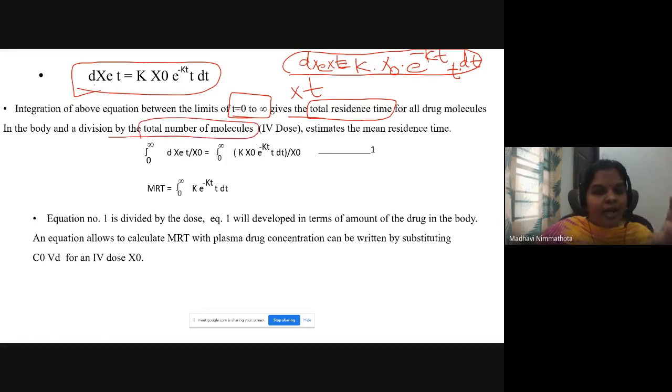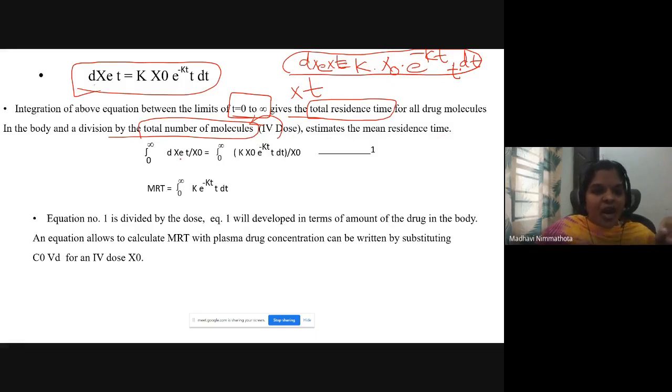It will give the total residence time of all the drug molecules. When you divide this equation by the total number of molecules, that means when you take the molecules through the one compartment IV bolus dose, it estimates the mean residence time.